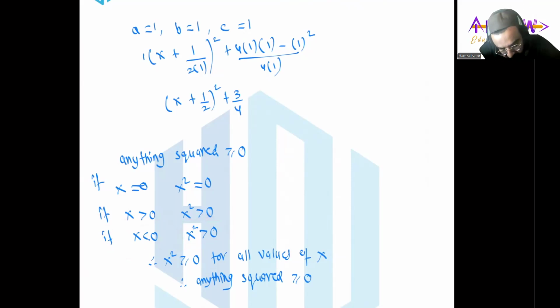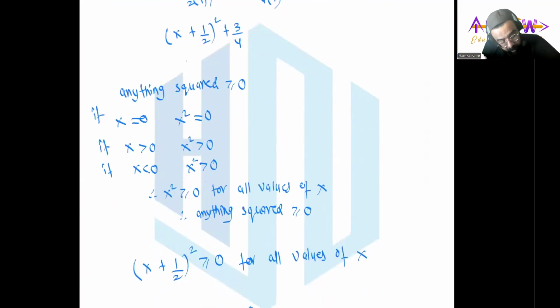So when you combine this equation and inequality, you can say that x square is greater than or equal to 0 for all values of x, which means anything squared is greater than or equal to 0. Okay, you don't need to mention all of these steps over here. I'm just giving you a brief, basic explanation about this.